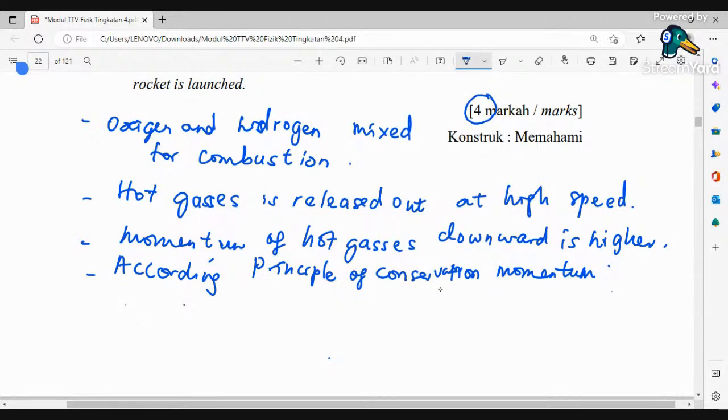Okay. According to principle of conservation of momentum, the rocket upwards.